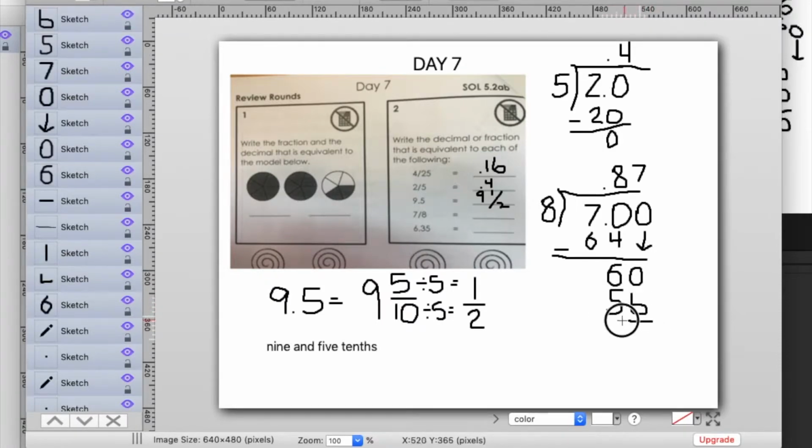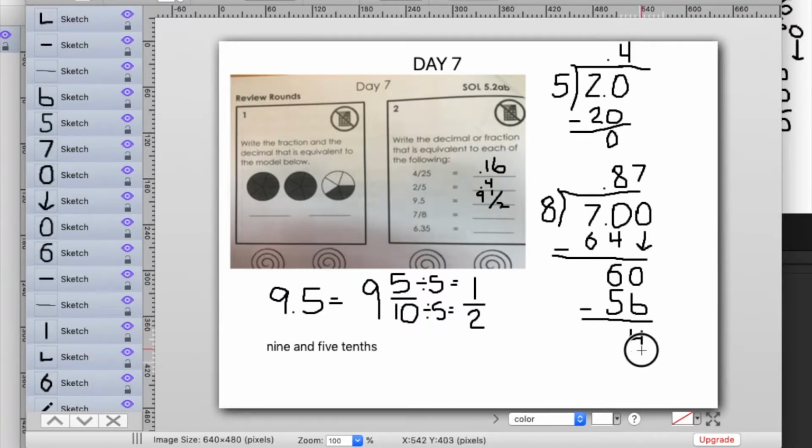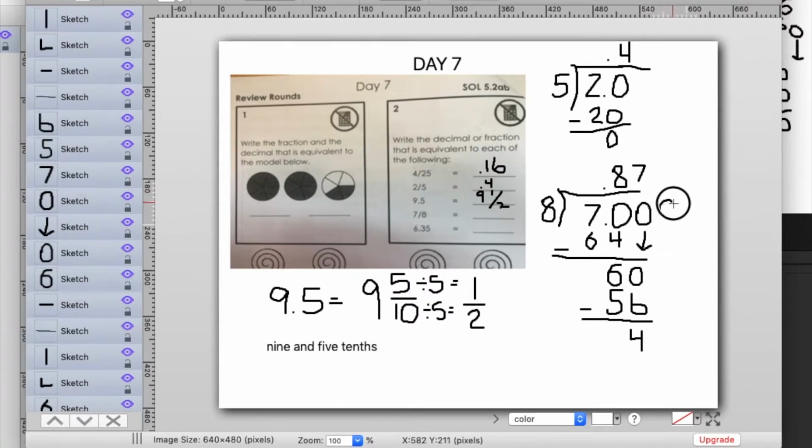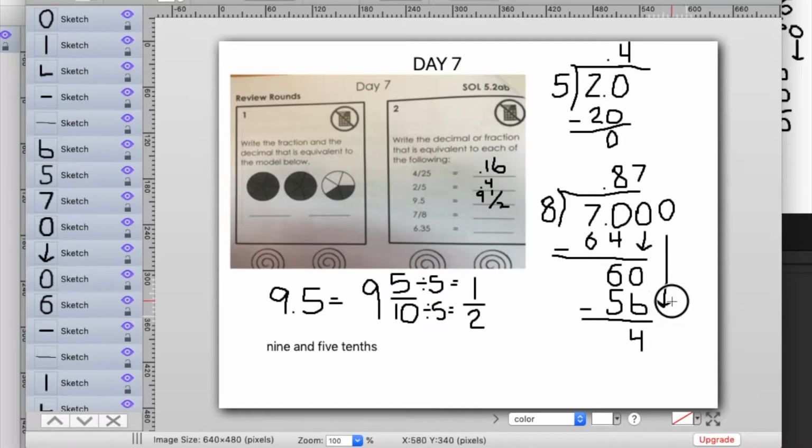And again, I subtract. 60 minus 56 is 4. And I'm going to bring down yet another 0. My number is 40. Why am I so happy? You're right, because I know 40 is a direct multiple of 8. I know if I skip count by 8, I hit 40 right on the nose.